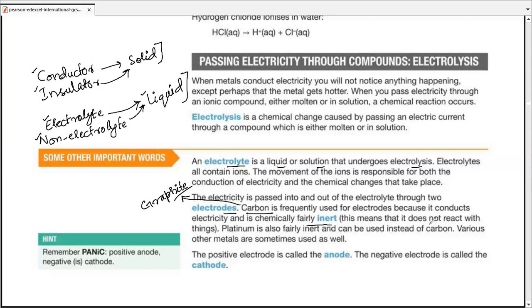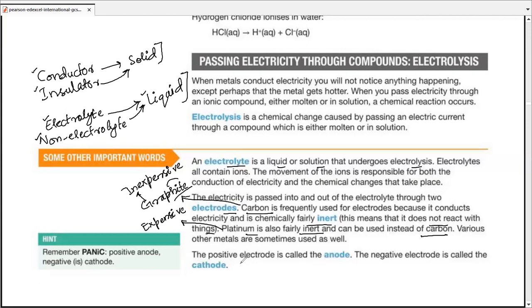It does not react with most of the things. Platinum can also be used as a metal, being fairly inert, instead of carbon. But the problem with platinum is that it is expensive. Graphite is a pretty inexpensive alternative, that's why we prefer graphite.